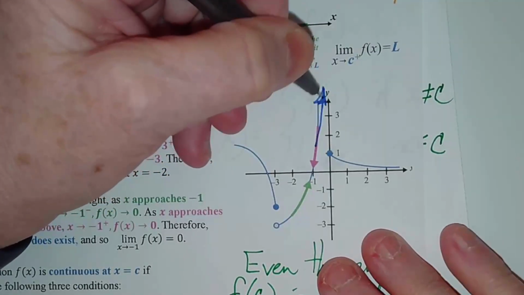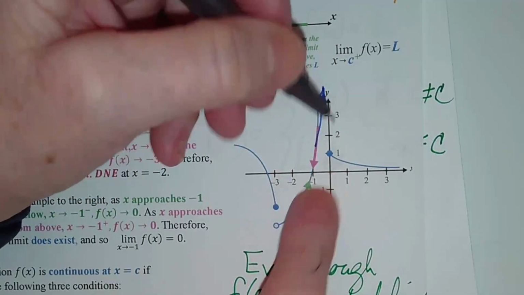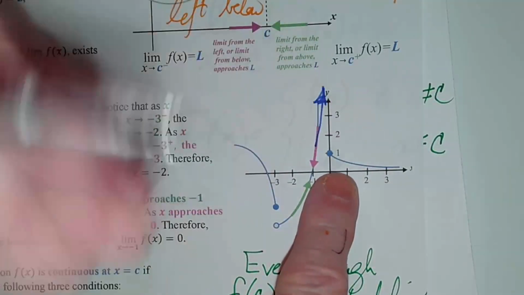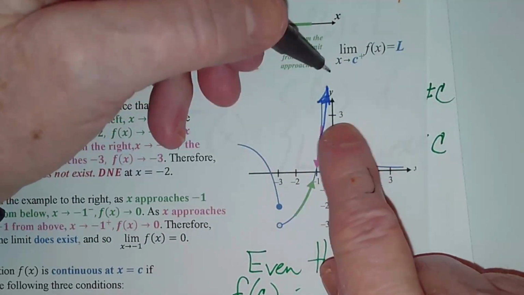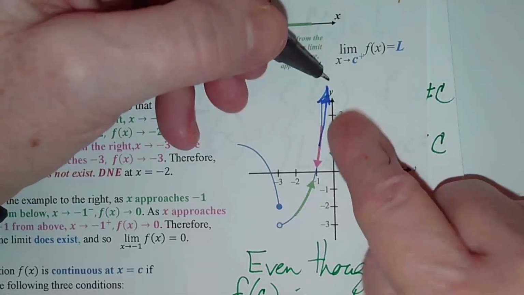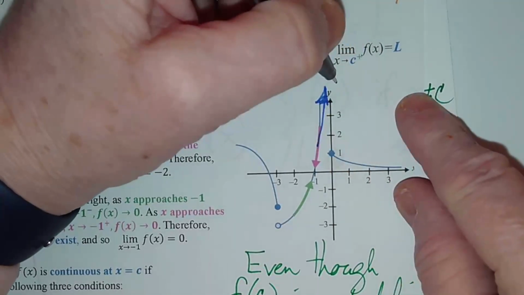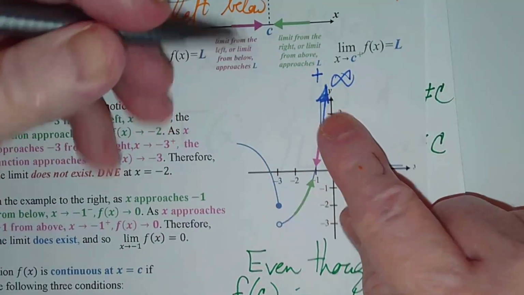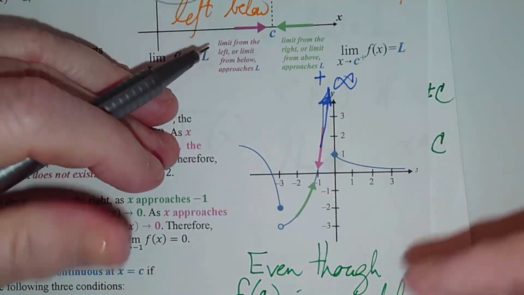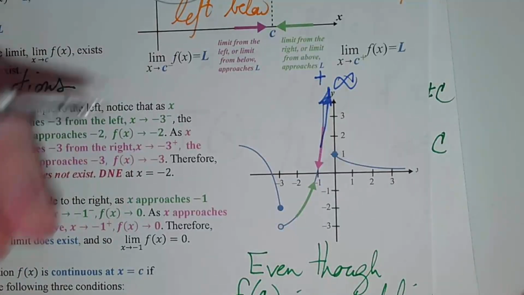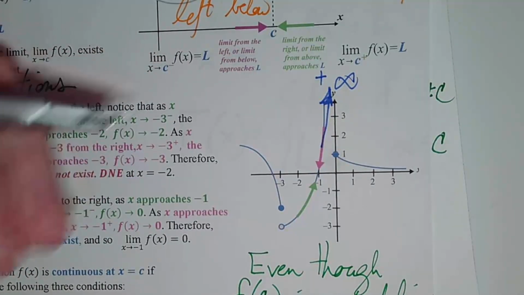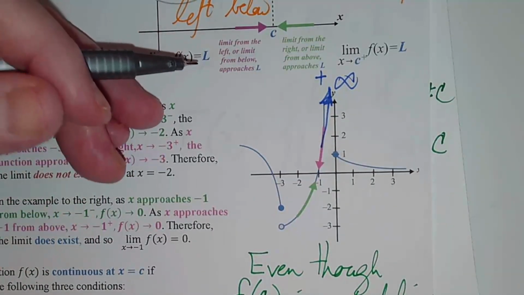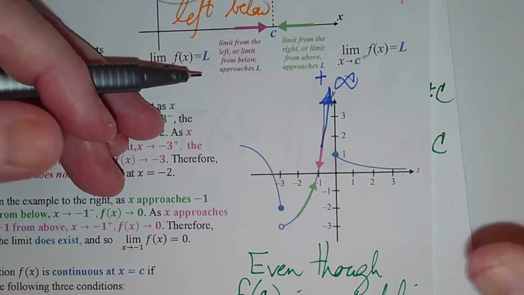We're coming up here, getting closer and closer and closer to x equals 0 from below. I can see that the function values are going to positive infinity. So since infinity is not a number, infinity is an idea of as big as we can get.